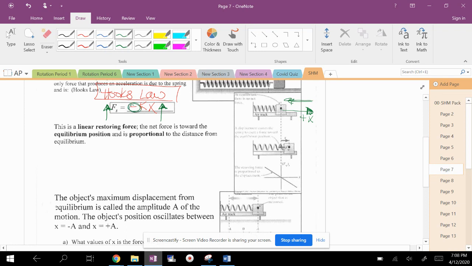It kind of makes us remember, okay, if it's going in the positive x direction, the force is going to pull it back in the negative direction. If it's being compressed and that x is negative, that force is going to push in the positive direction. So this is a nice graph because when the x is positive, you see that the force is negative.